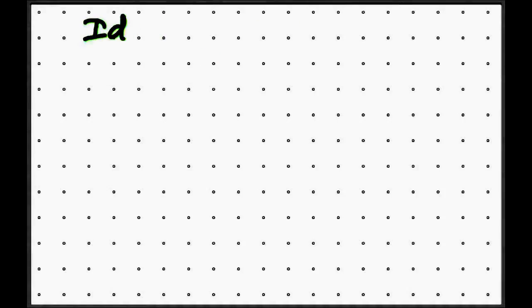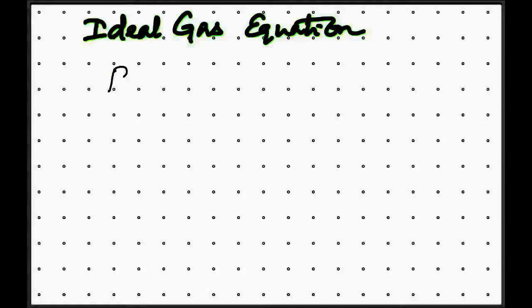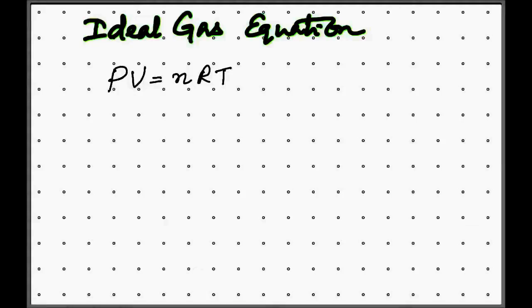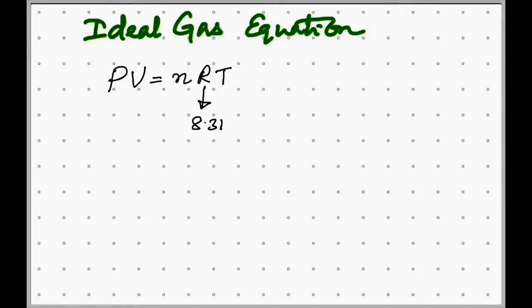I mean it. What is the ideal gas equation? PV is equal to nRT, right? What's n? Number of moles, and R is 8.314, the universal gas constant, joule per mole Kelvin. T is in Kelvin.